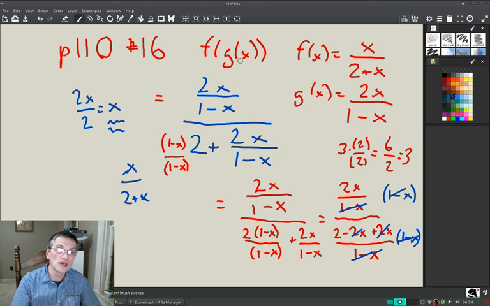Try in 2, find g of 2, and take that number and find f of that number, and see if you get the same number as what you think. You should get 2 out. If you don't get 2 out, and you got down here and you got 2 over 4, which is 1/2, and you're like, oh, maybe I made a mistake here. So just a little technique here.